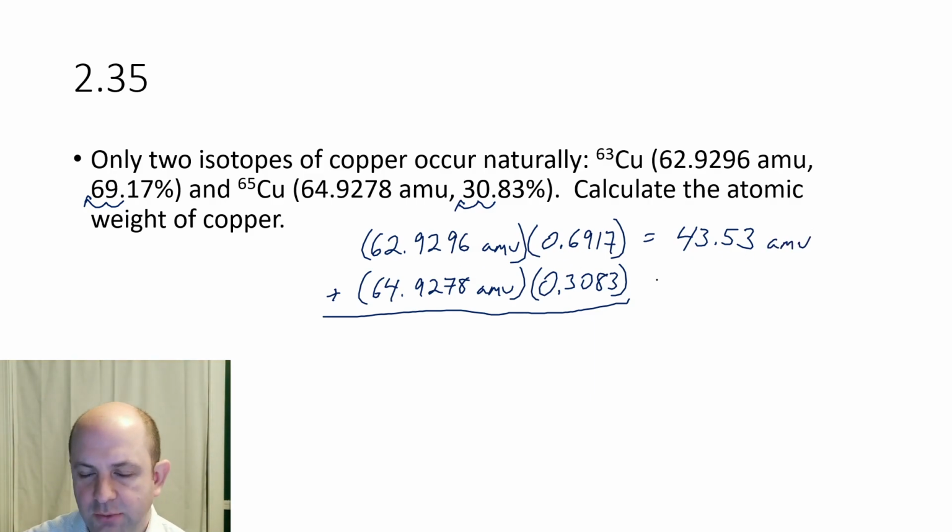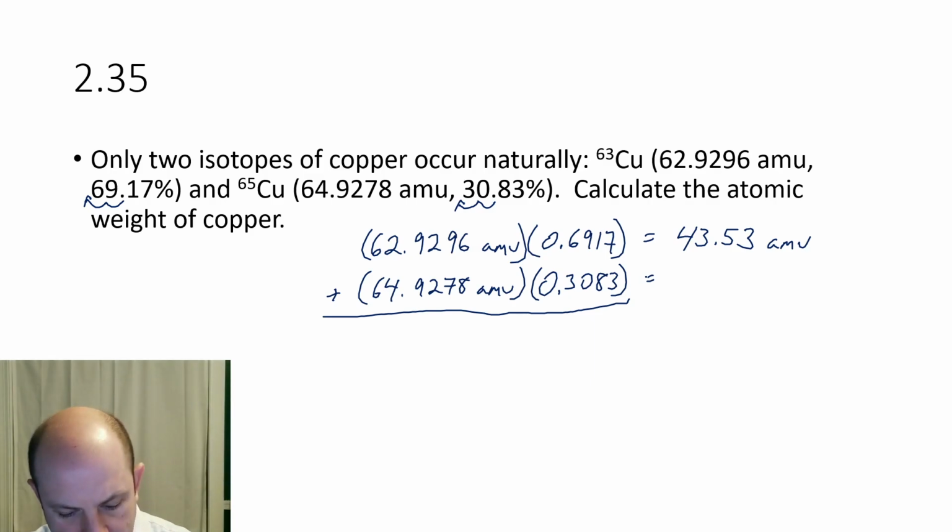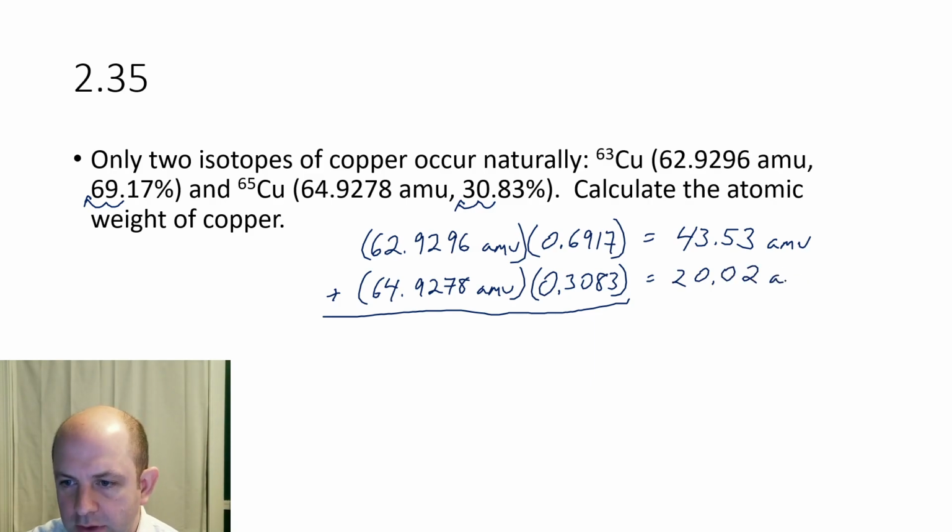The AMU didn't cancel with anything. If we do our next one, 64.9278 times 0.3083, we get 20.02 with rounding, AMU.